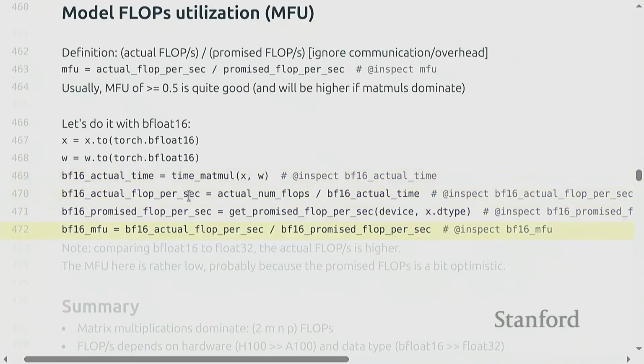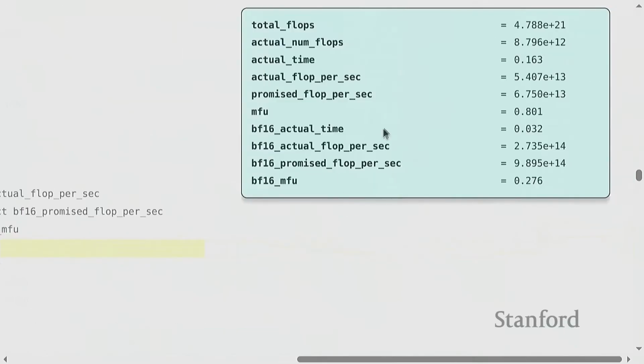And here we see that for BF16, the time is actually much better, right? So 0.03 instead of 0.16. So the actual flops per second is higher. Even accounting for sparsity, the promised flops is still quite high.